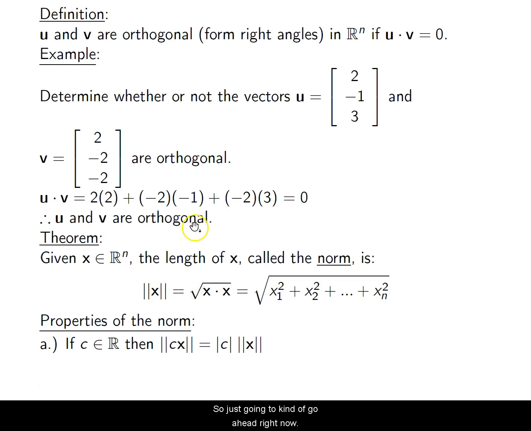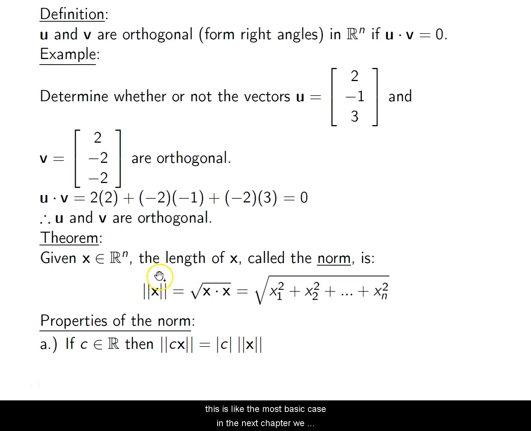So I'm just going to go ahead right now. The norm, with the dot product, is how we talk about lengths in your standard vector space, your Rn space. We're going to move into more general inner products, and when we talk about the length or the norm with other inner products, we're going to be talking about length in other function spaces, other vector spaces.